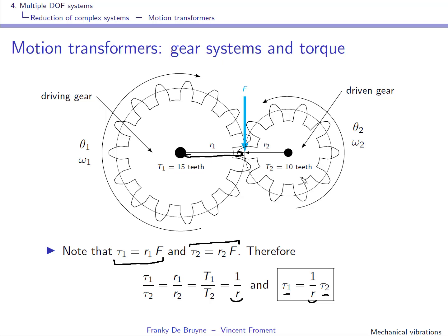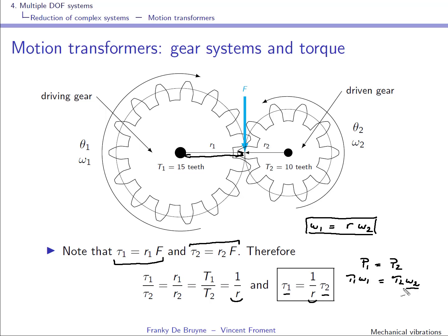Remember that we had this relation for the rotational speeds. So this is kind of consistent, right? Because we expect, if there are no losses, that the power at the input is equal to the power at the output. The power here would be torque times rotational speed, and here it's torque at the output times rotational speed at the output.